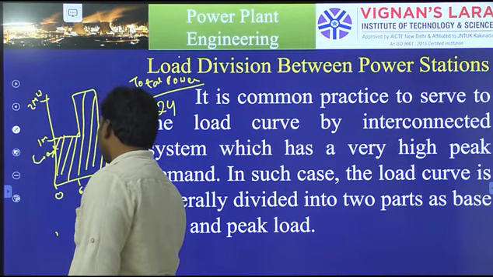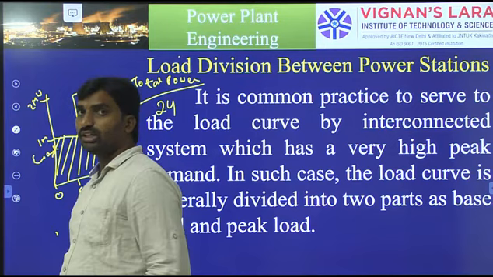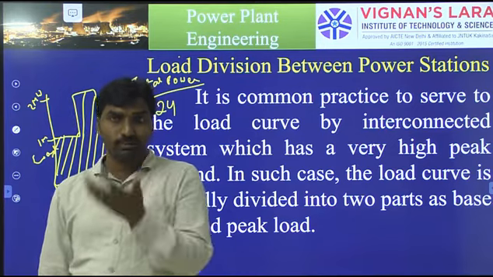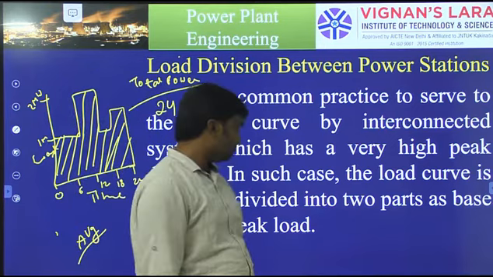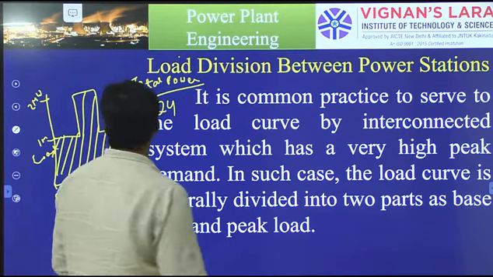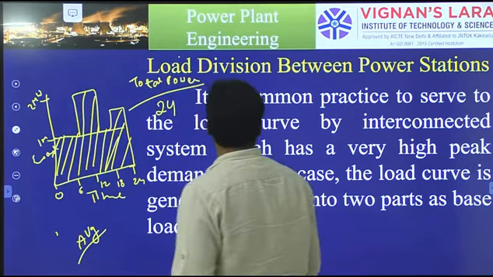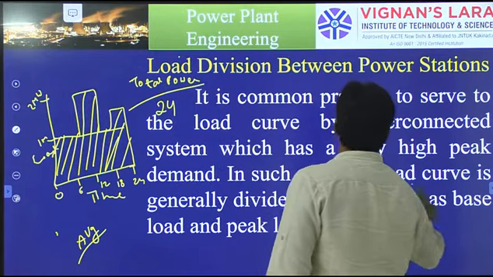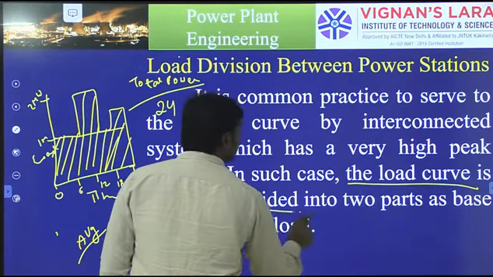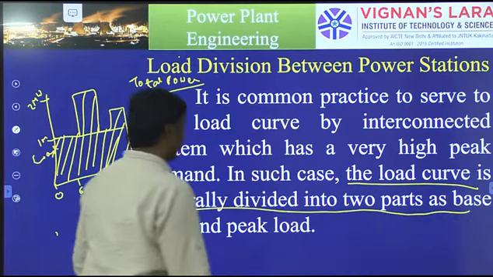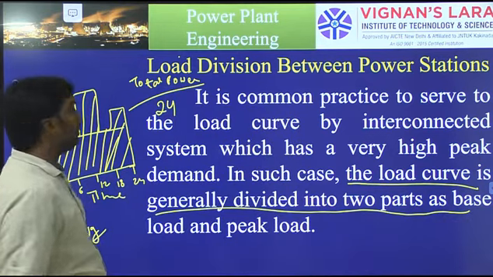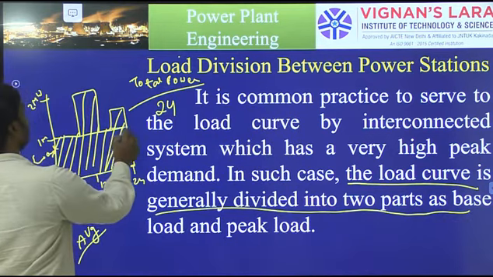The basic thing is that we need to calculate the average power required. And the second thing is we can divide into the base load plant and the peak load plant. The load curve is generally divided into two parts, a base load plant and a peak load plant.